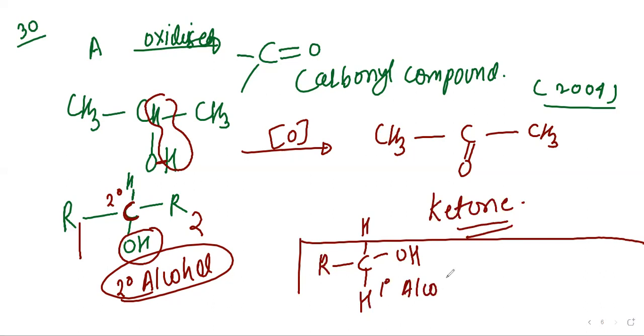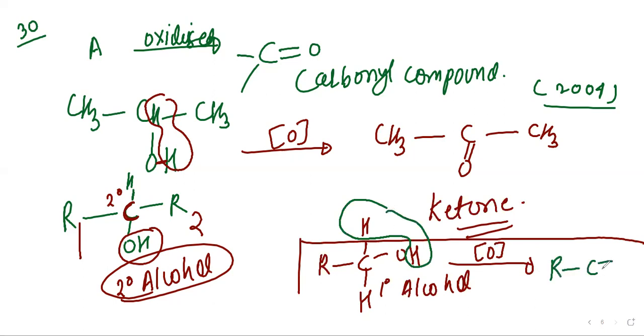When a 1-degree alcohol does oxidation, reacting with oxygen, formation of aldehyde will happen. So this H2 will be removed, forming RC double bond OH, and hydrogen will come out. So a 1-degree alcohol is converted into an aldehyde.